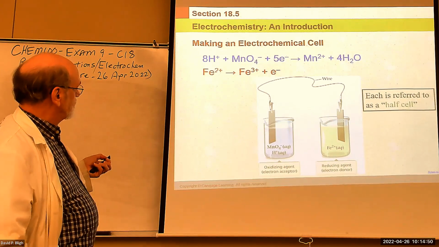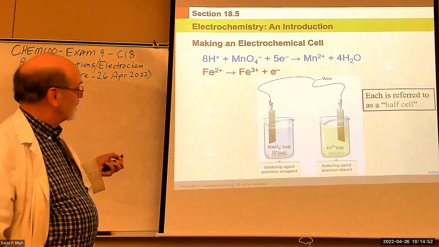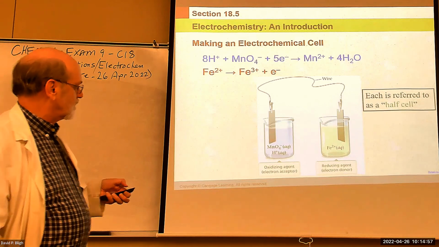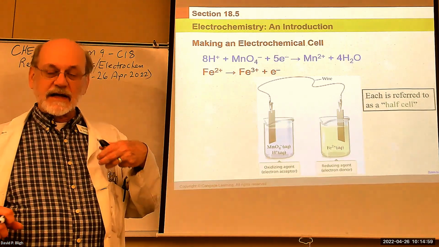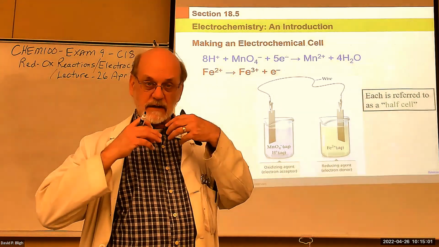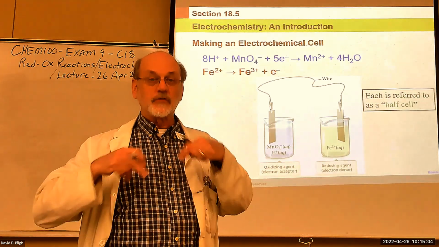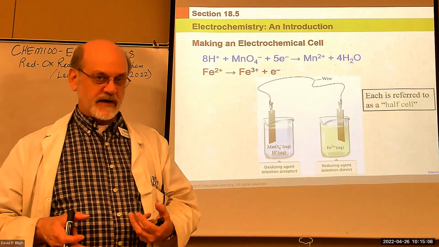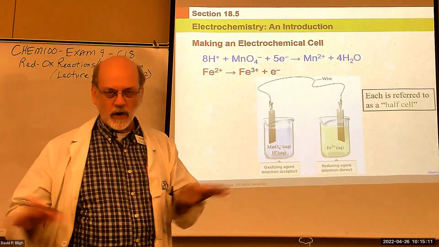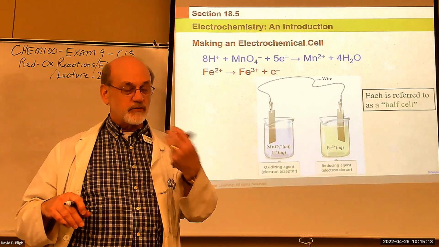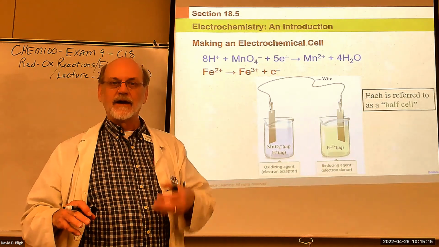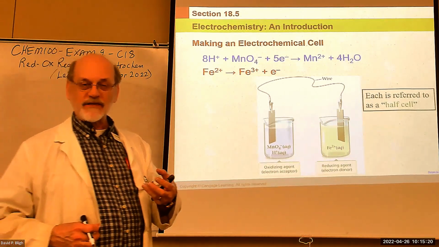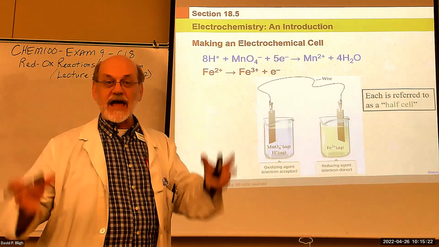This would be the oxidation step. This would be the reduction step. And if we put them together in a single container, the electrons will transfer, but we will not have access to them. We can't gain any work from them. We can't gain access to those moving electrons at all. What we do in an electrochemical cell is we separate the half reactions into half cells.